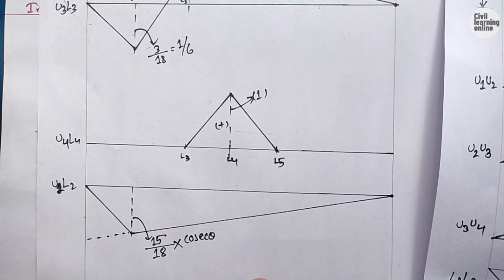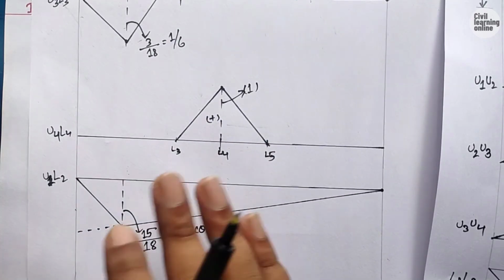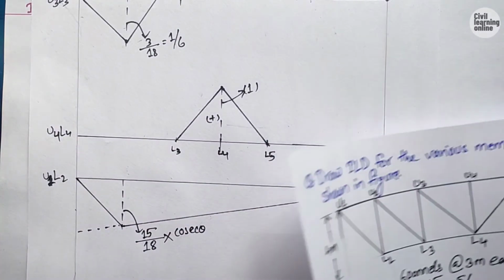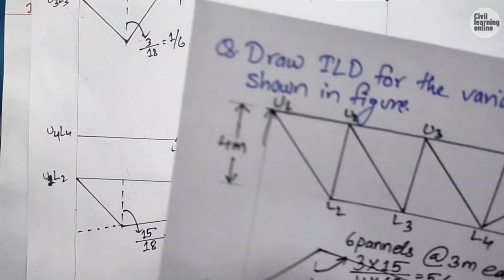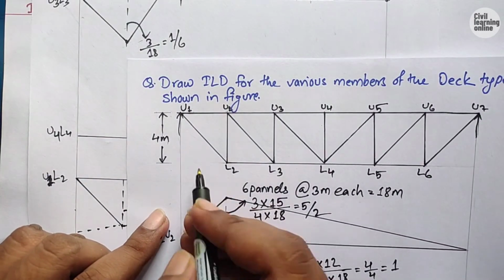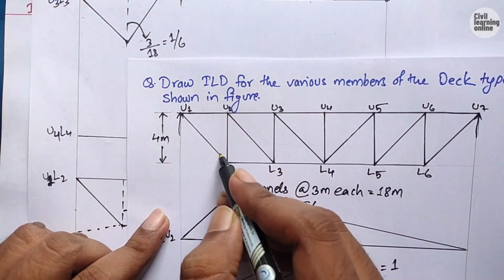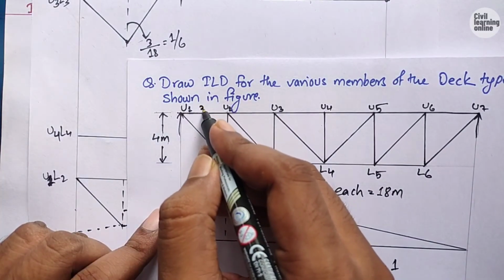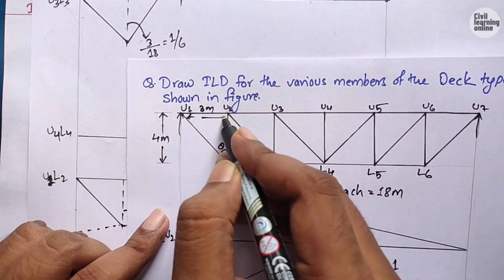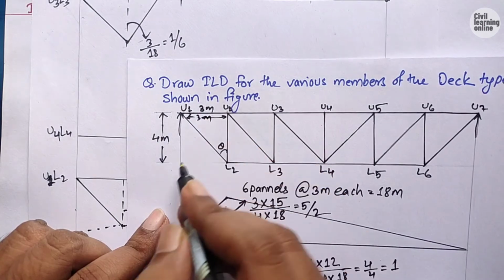Now here comes how to calculate the value of cosec theta. I have already shown it in the previous video, and I am going to show it again here. This is angle theta, and this span is 3 meter, and this is 4 meter.